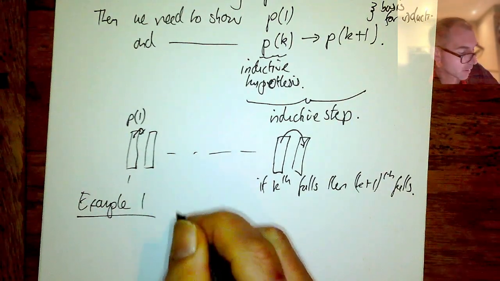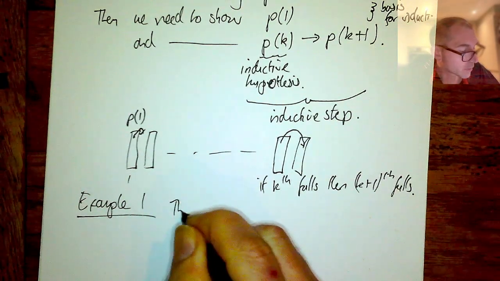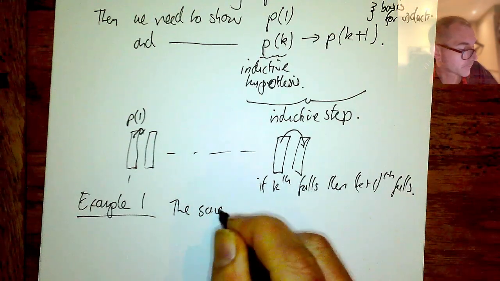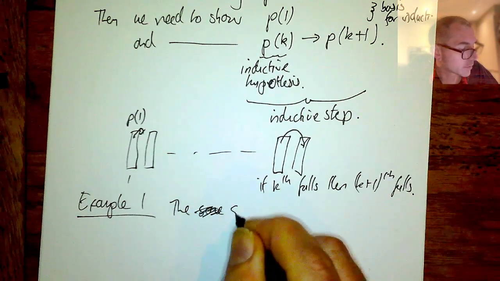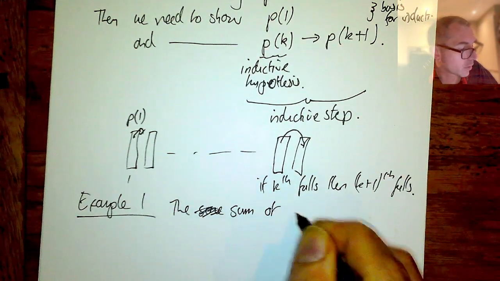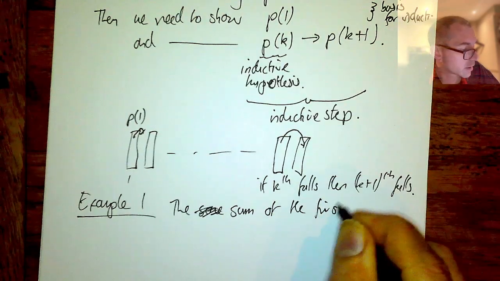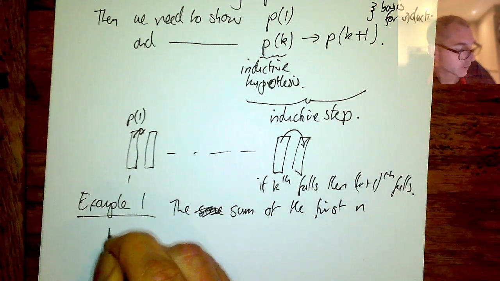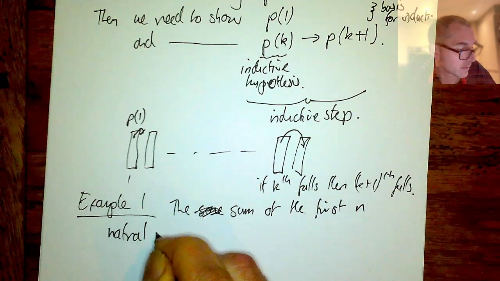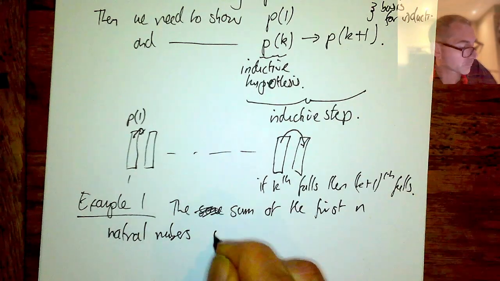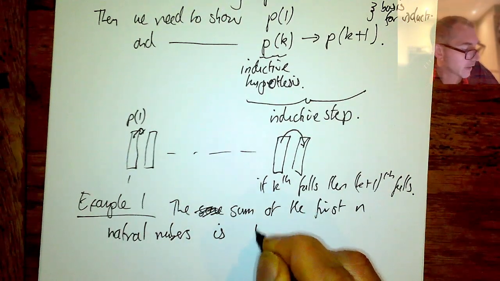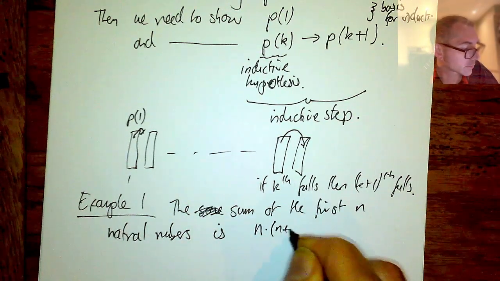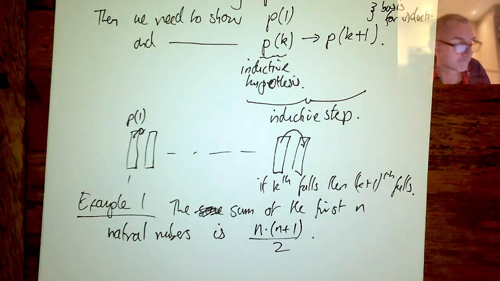The sum of the first n natural numbers is n times n plus 1 over 2.